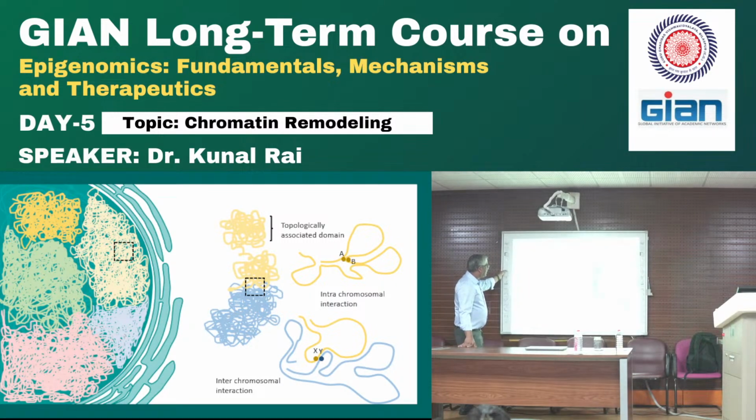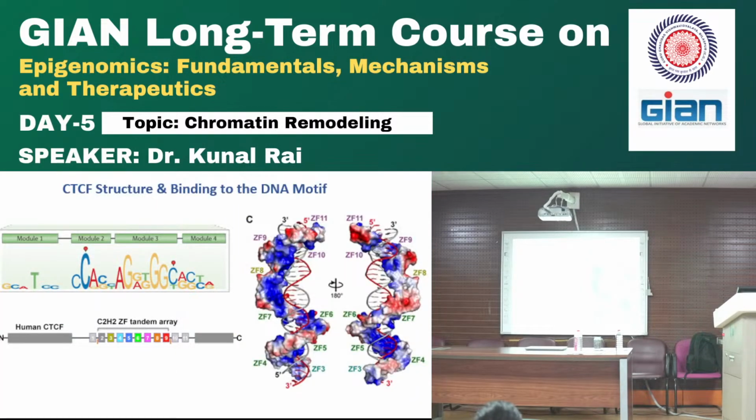So what is CTCF? It's a transcription factor. What do transcription factors do? Bind DNA. That's all they know how to do, right? Transcription factors bind DNA. So this is a sequence where CTCF would normally bind. Okay? It's a long sequence. Have you guys looked at things like this?